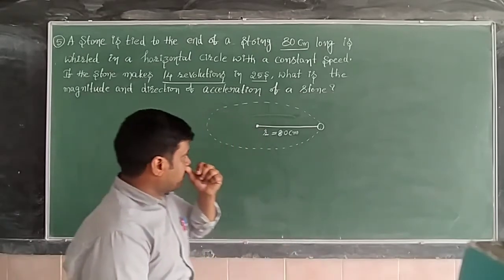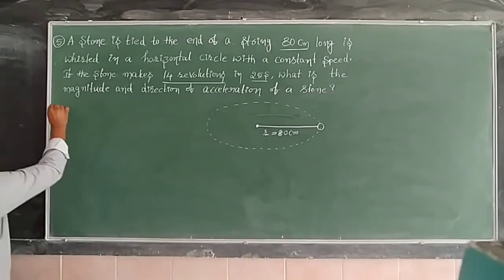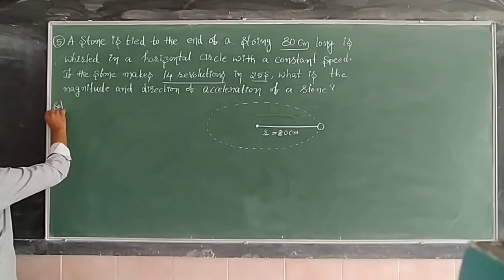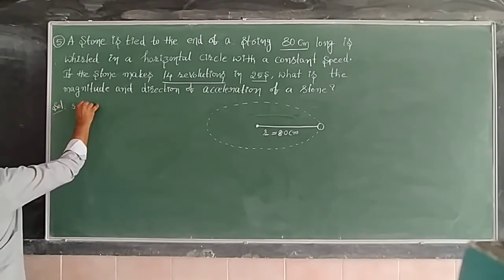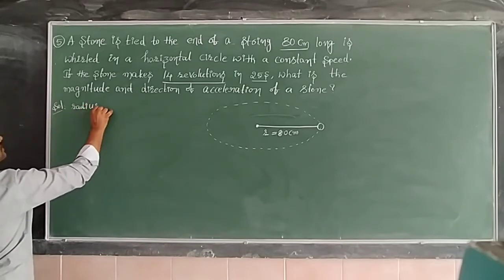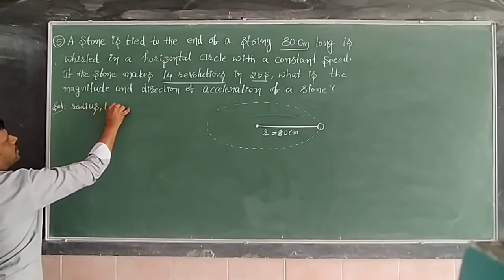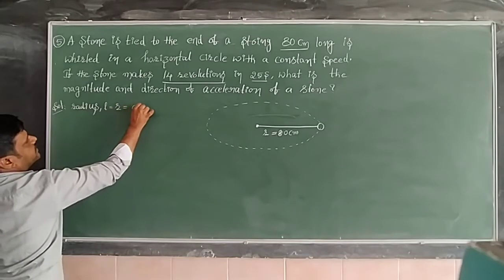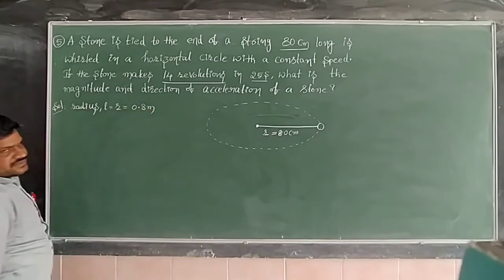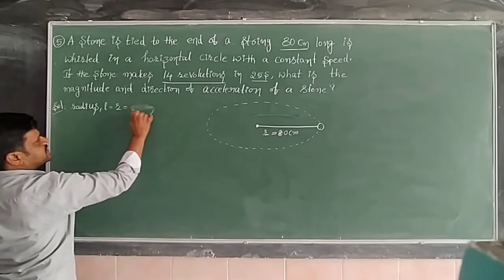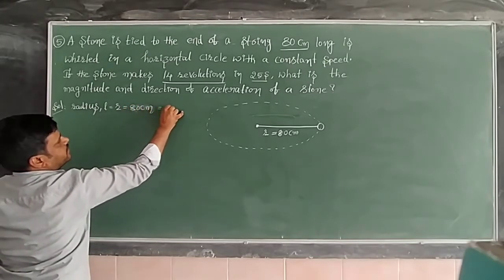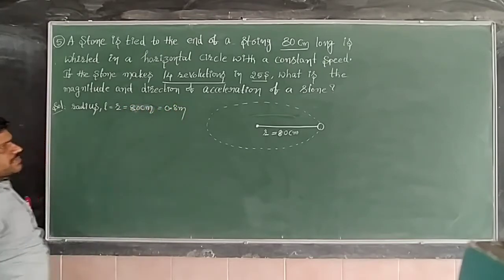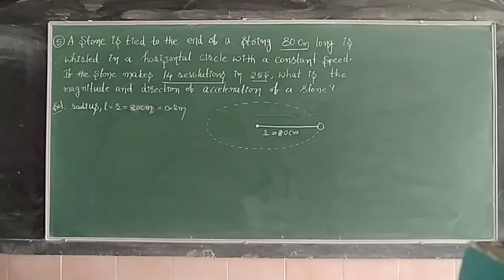Now from the given values, first the radius of the circular path: r is equal to 0.8 meters, since they have given 80 centimeters, and when you convert into meters that is 0.8 meters.